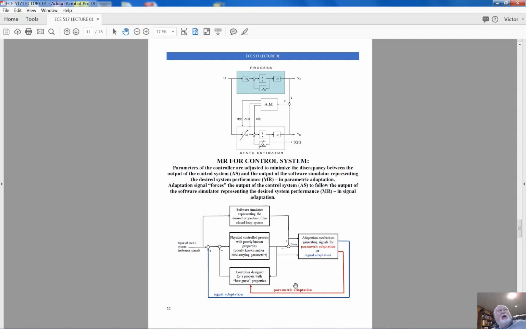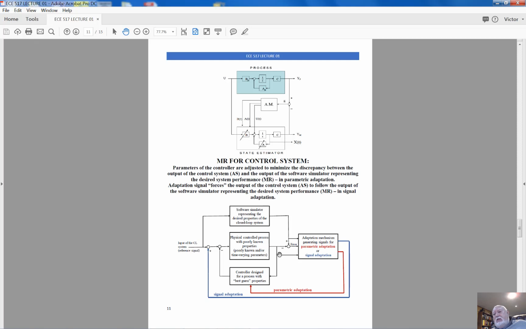Now, this control loop probably was designed at some point, but this control loop does not work properly because at the stage of design, properties of this physical control plane were not accurately known. But then we have a software simulator, and the simulator represents the desired closed-loop system performance.